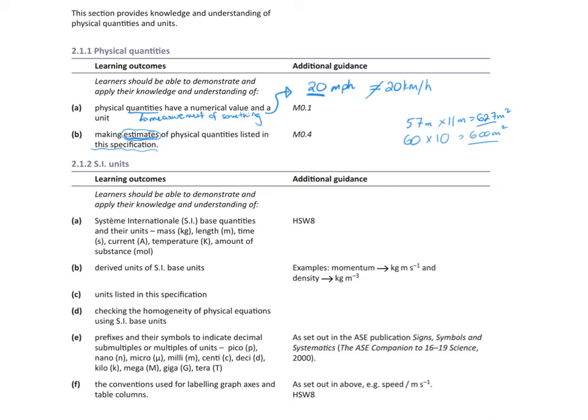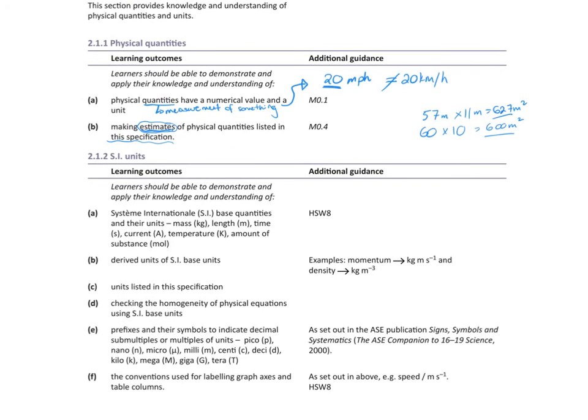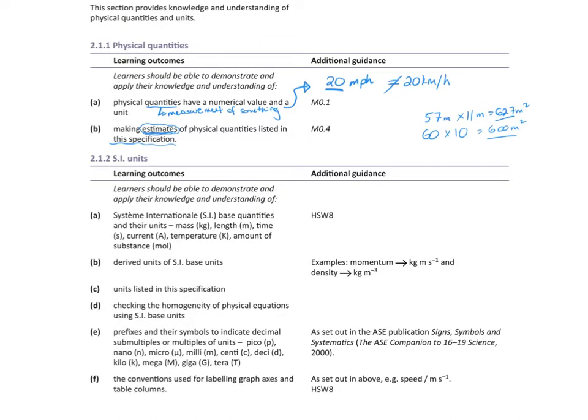So certain quantities do not have units, but most of them do, and the importance of mentioning the units is extreme. And this is where we come into 2.1.2, the SI units. Now, years ago, they came up with this system, which is very, very important, the international system of base units, base quantities and their units, sorry.